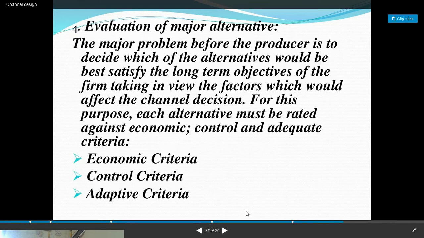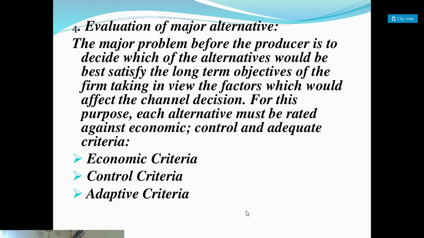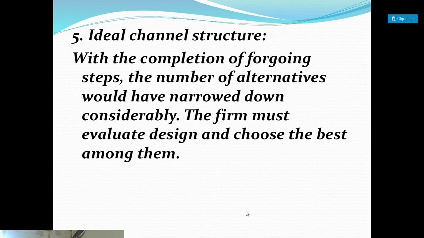Next one is evaluation of major alternatives. How can the evaluation take place? The major problem before the producer is to decide which of the alternatives would best satisfy the customer need for the long-term objectives of the firm, taking into view the factors which would affect the channel decision. For this purpose, each alternative must be rated against economic, control and adaptive criteria.